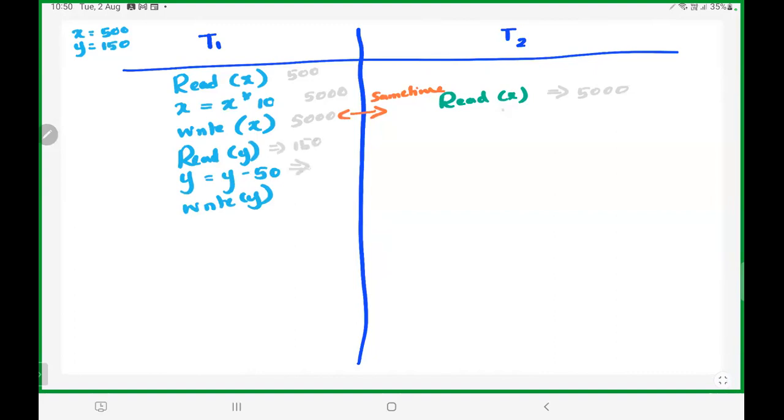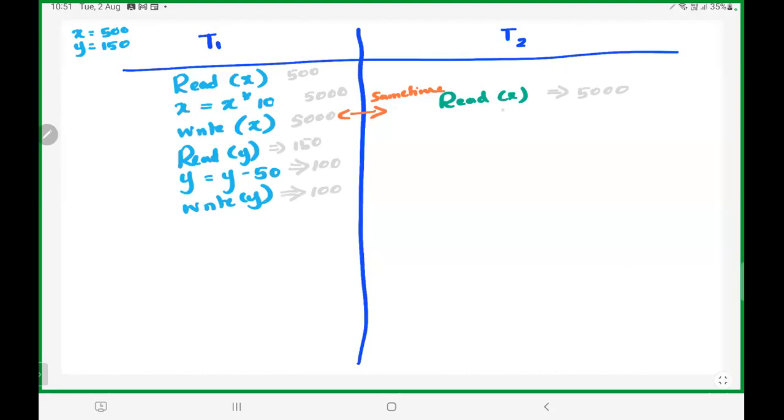Then they will deduct 50 rupees from Y, then it will be 100. Then they will write Y, it is 100. Of the 150, 50 is gone, so it is 100, and they write 100 to the database.